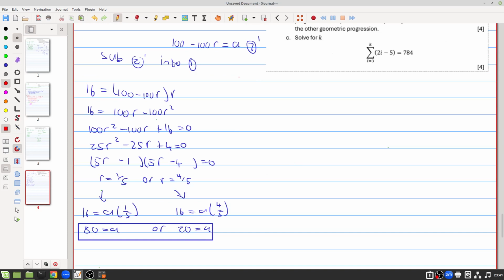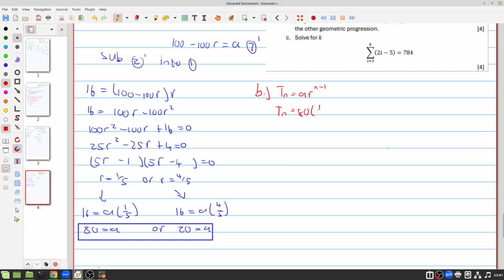Let's switch colors for the second question here, for B. Okay, so we want Tn equals A R to the n minus 1. So we want to find this for both options. So the one option is Tn equals A, which is 80 in the one option, and the R for this 80 is 1 over 5, right?